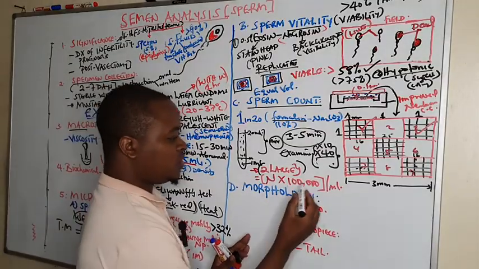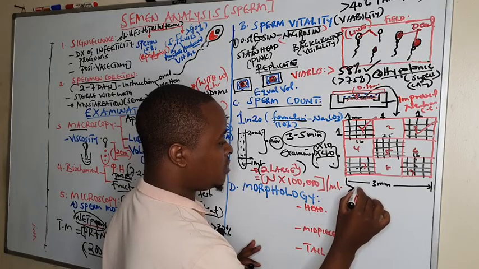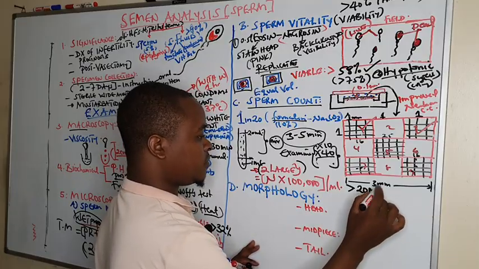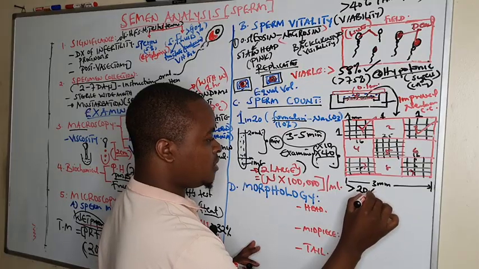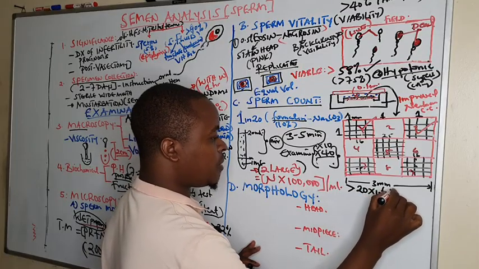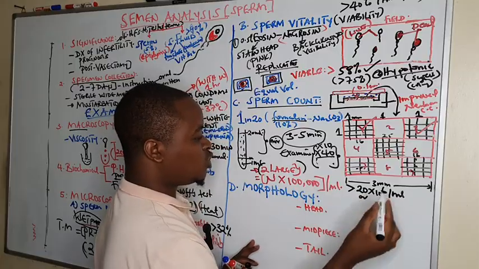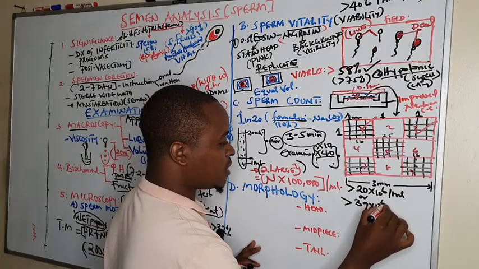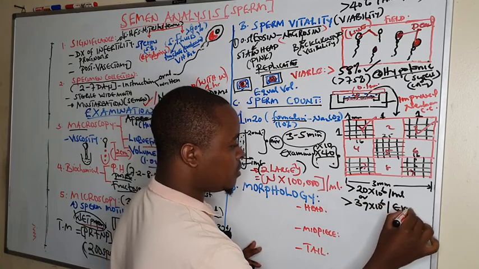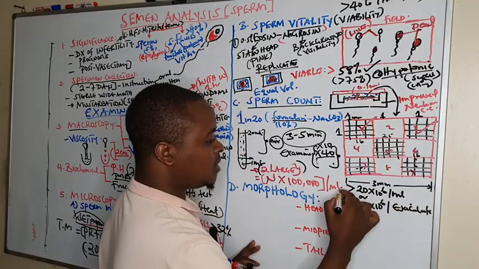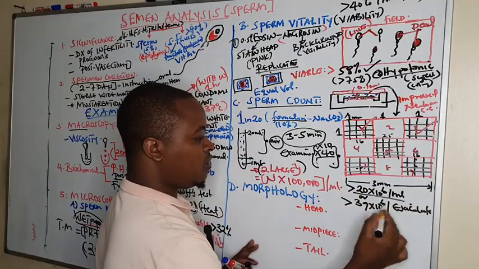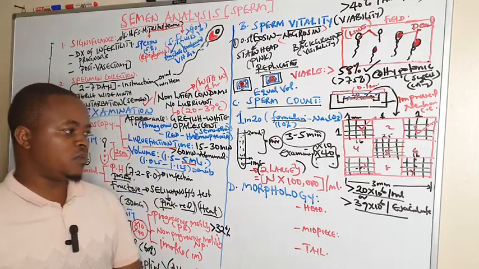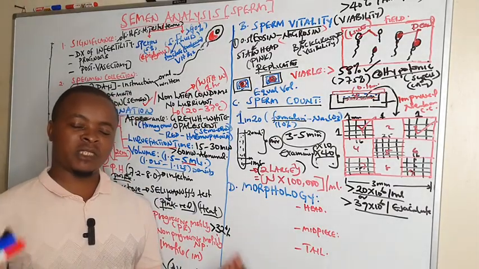The reference range should be greater than 20 million sperms, that is 20 times 10 power 6 per mil. Or it should be greater than 39 times 10 to power 6 per ejaculate. That is the total sperm count. According to WHO, the total is 39 million sperms per ejaculate, after multiplying with the total volume.